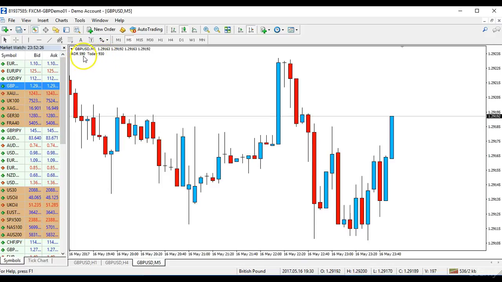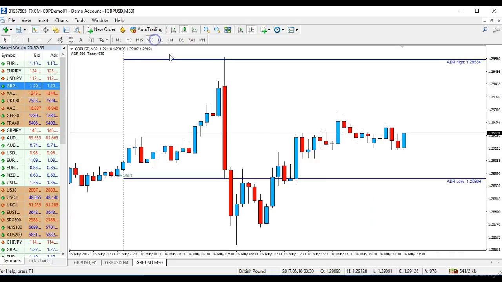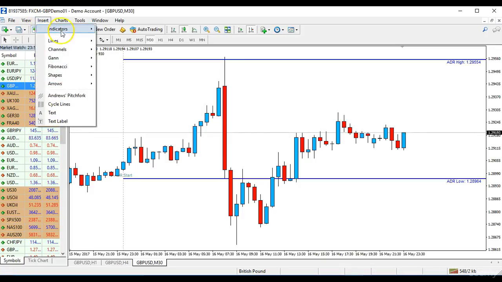So, for example, the ADR was 59 points, and today it's showing 93 points. You can see when the ADR high and the low was hit, they formed these blue lines. So that can be useful, but it is just an indicator. It's not something to form your trading. It's not a magic bullet. There's nothing like that. It just doesn't exist. So this is why I'm not going to spend a lot of time on indicators.